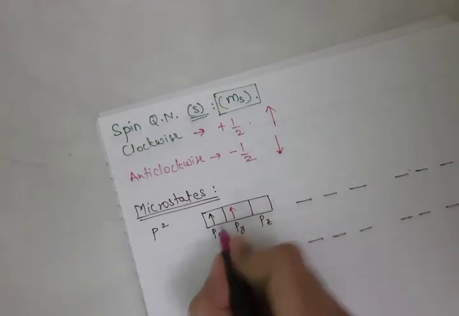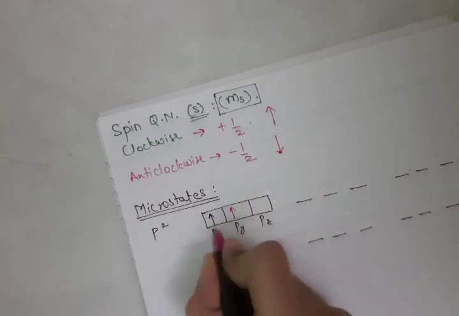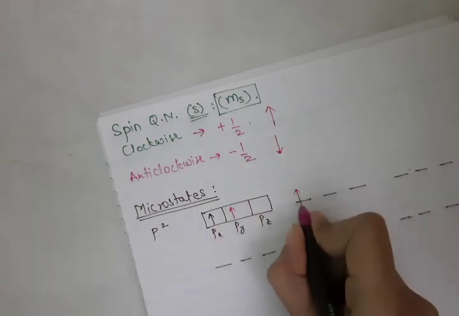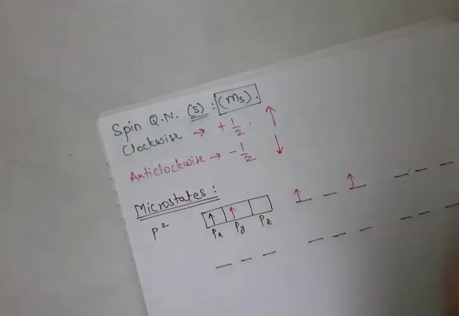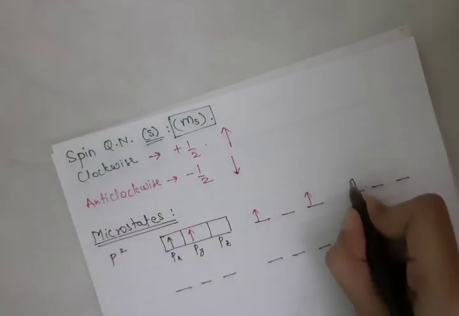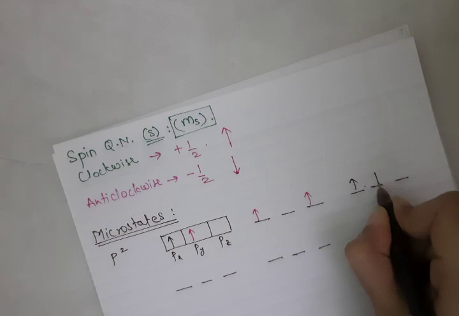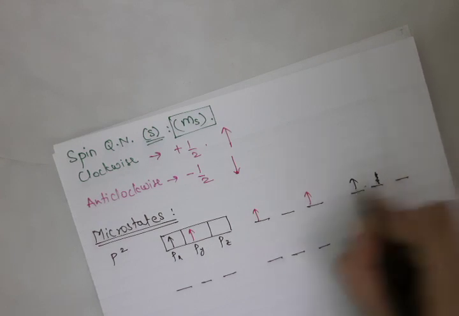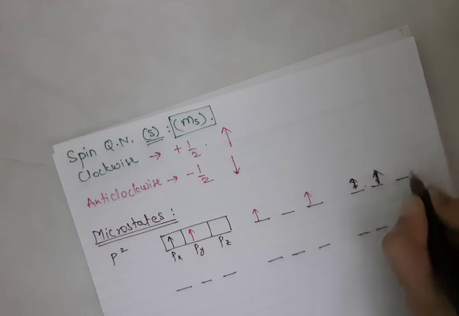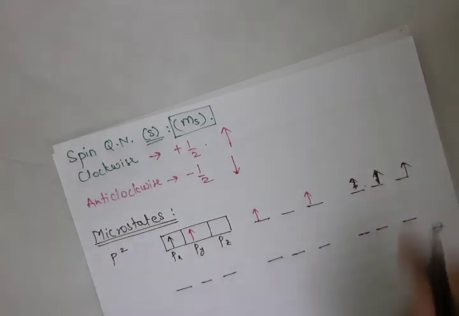One will say no, I don't want to put it like this, I want to put one electron here and the other electron here. One will say no, I want to write like this: one electron here and the other electron here.